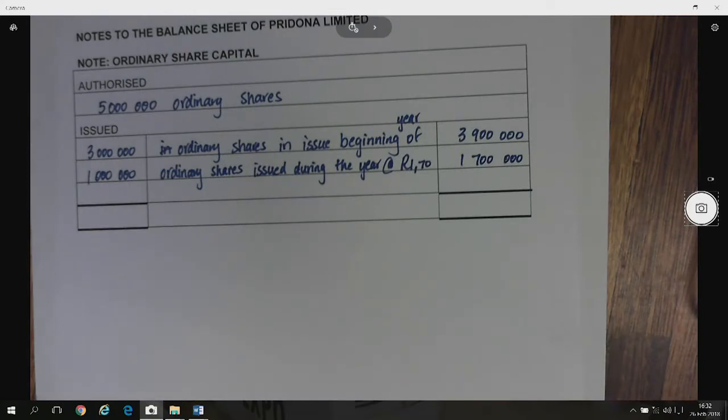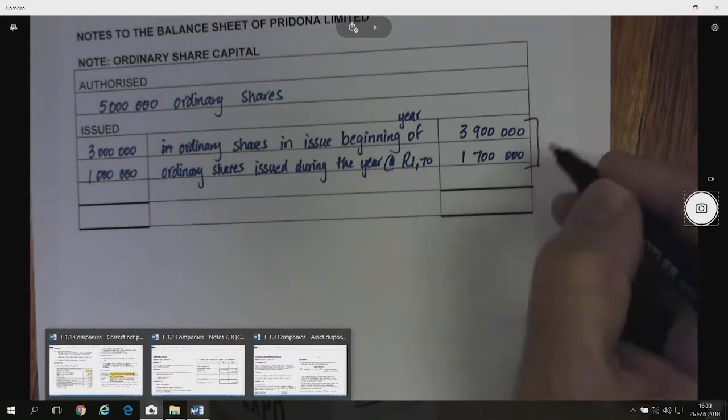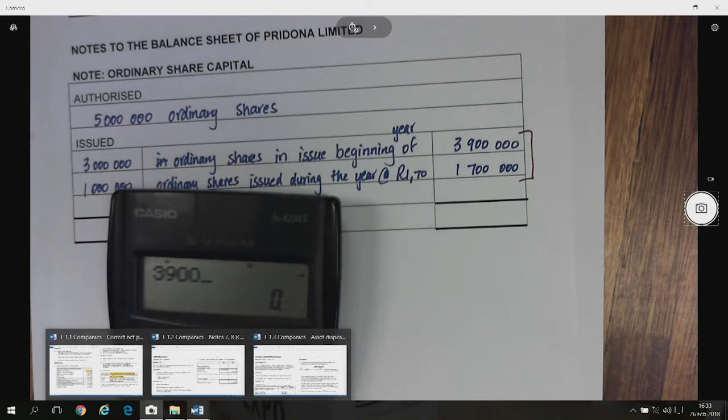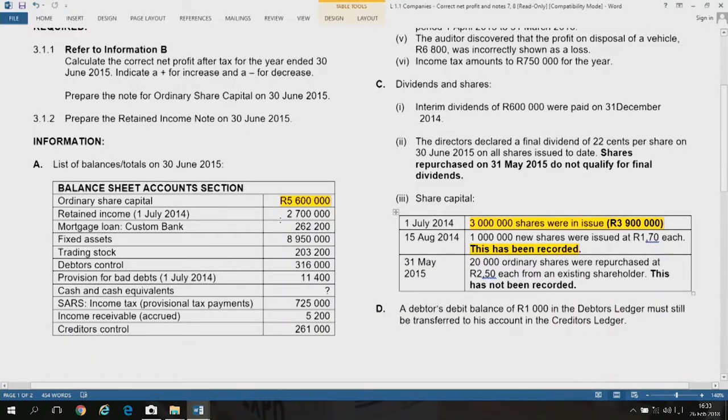If you add those two amounts, remember they mentioned this was already recorded. So if we add those two amounts, 3,900,000 plus 1,700,000, we get the answer of 5,600,000, and you will remember that was the amount that I highlighted there, 5,600,000 rand.